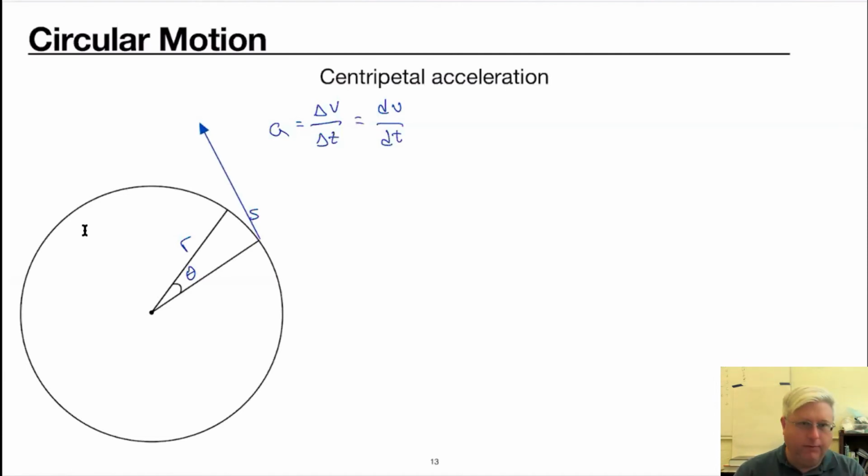Okay, so we have a velocity there at this point on the circle, but then if we get to say this point on the circle, it's also going to have a tangential velocity vector, equal in magnitude to the first one. And there's also going to be a distance here.